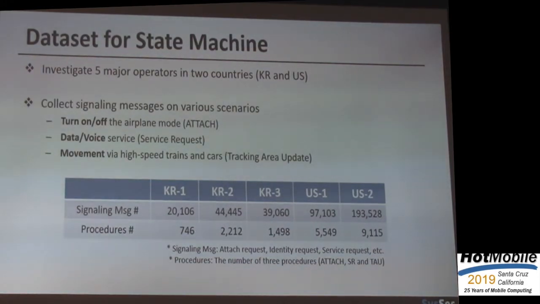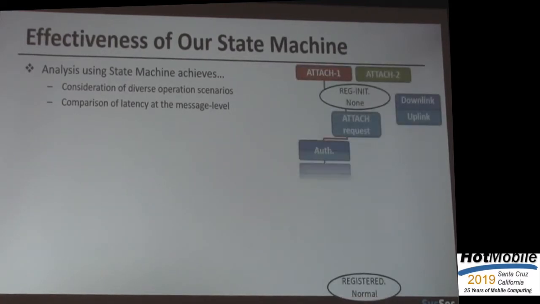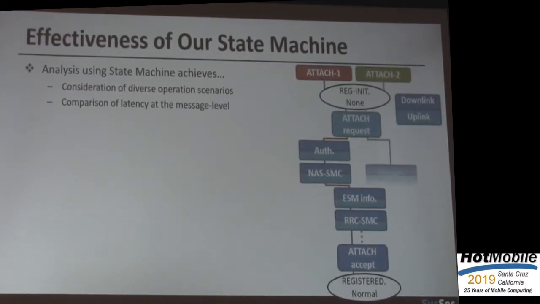stationary and mobility environments. First of all, I want to show how the state machine helps in analyzing the control plane. First, due to the transition design, it differentiates the operation scenarios for the same control procedures. As the figure shows, the state machine handles 2 attach scenarios differently by defining different transitions.